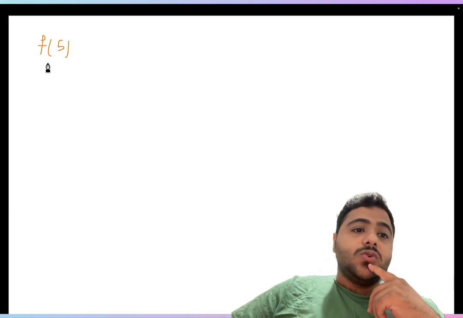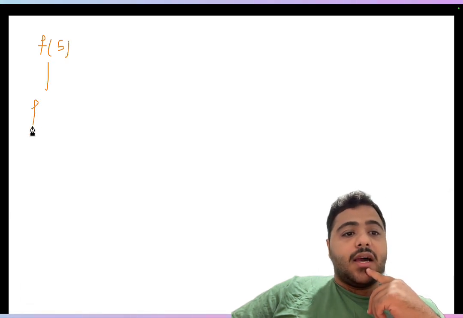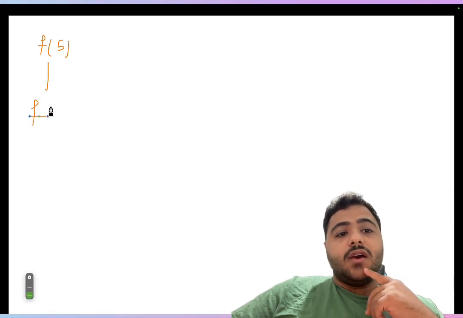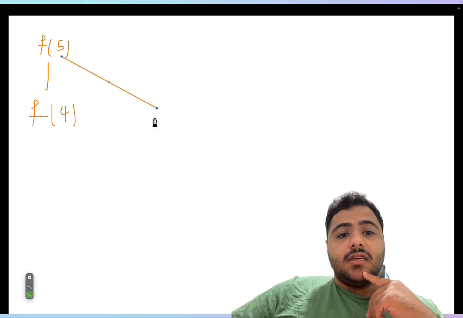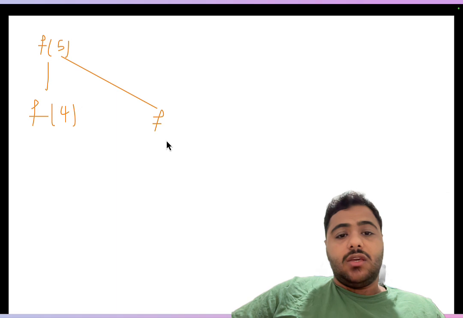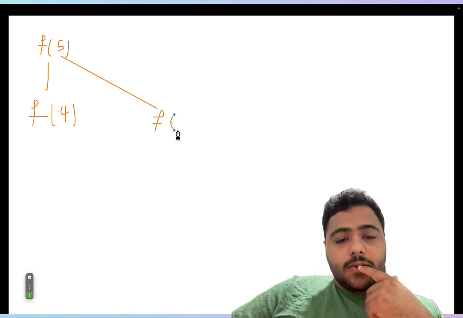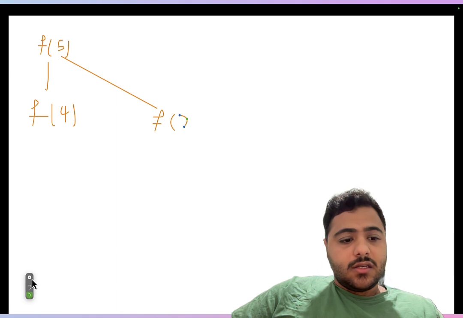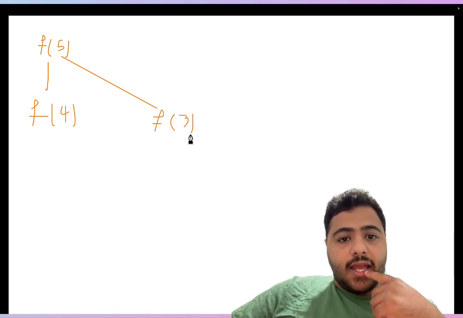It needs to calculate the Fibonacci of 4 and the Fibonacci element of 3, I guess, and add them together.